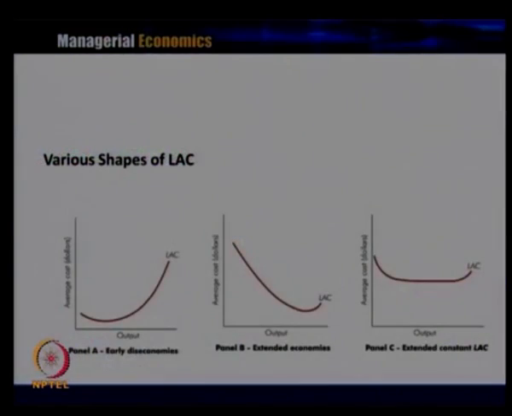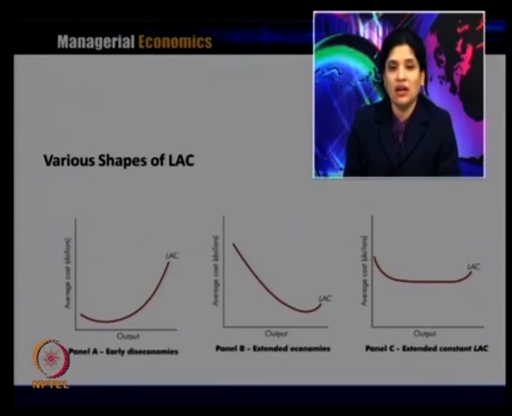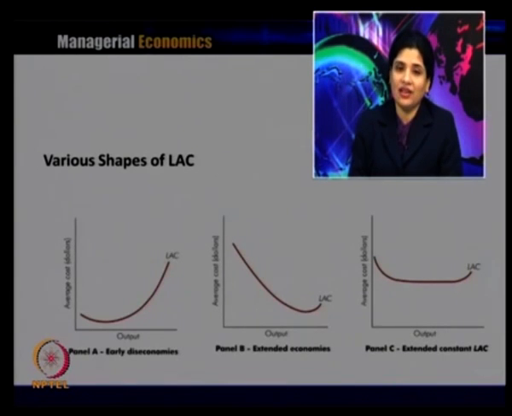If you look at the graph, initially in the first graph you are taking the average cost on the left axis and output on the right axis, that is the x axis, and it is a case of early diseconomies because the long run average cost curve is increasing much before reaching the minimum cost or the midpoint of the curve.